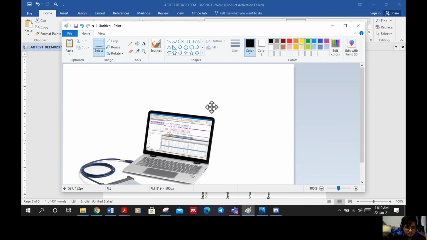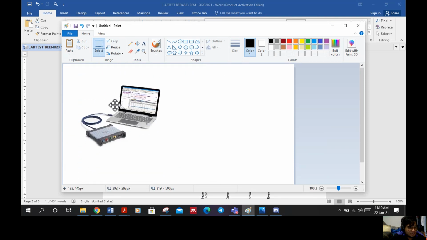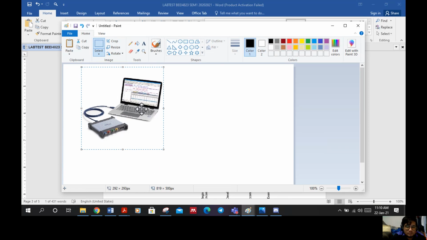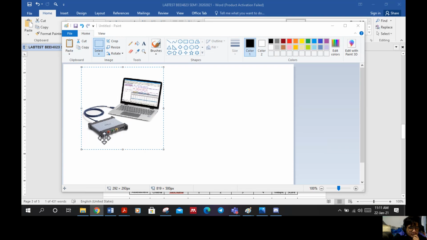It is connected from the picoscope to the laptop to analyze the graph like an oscilloscope. So basically the picoscope will be using the coaxial cable to display the output.